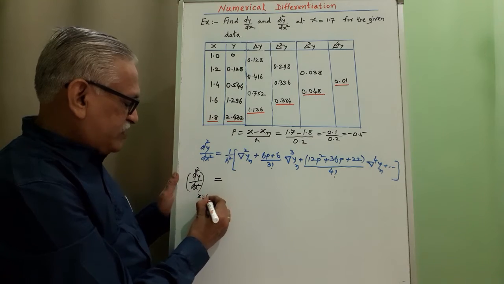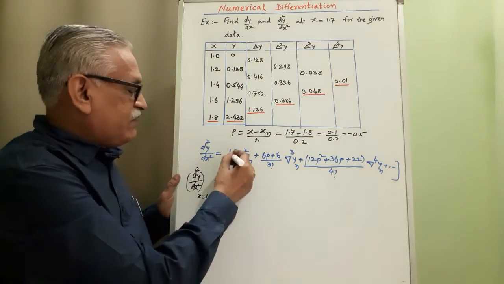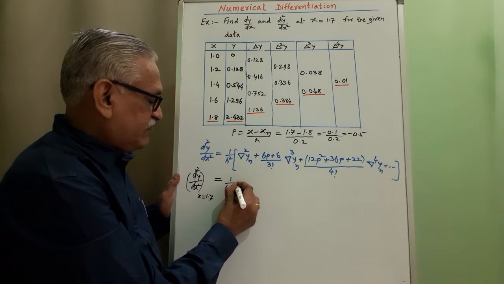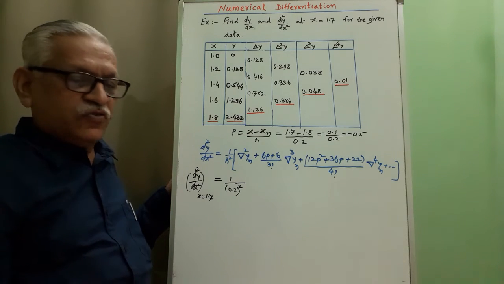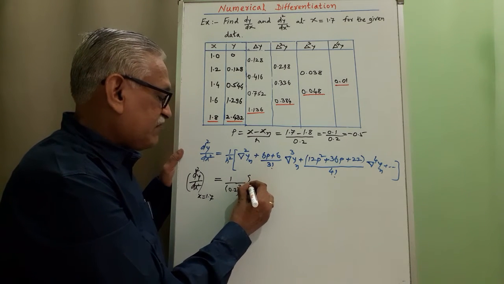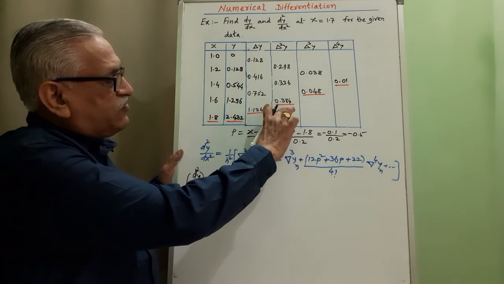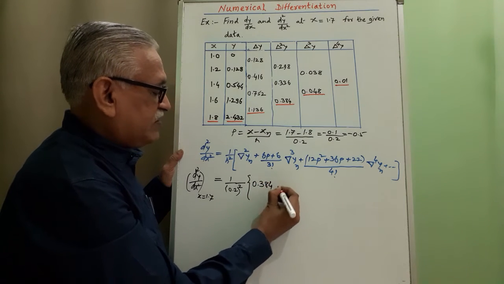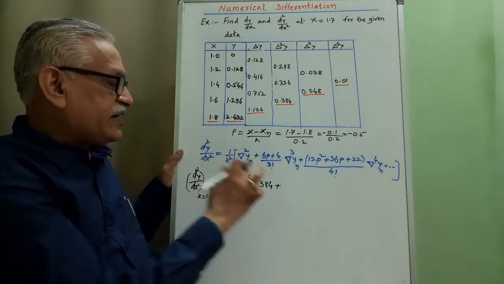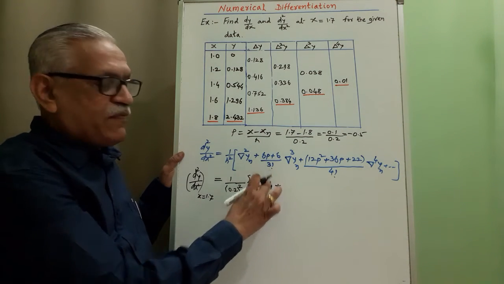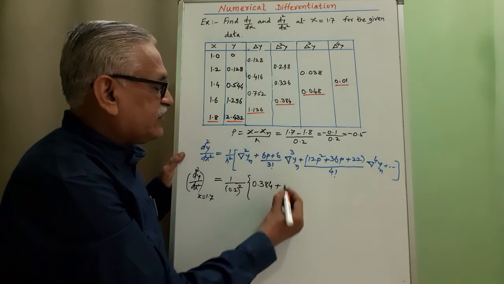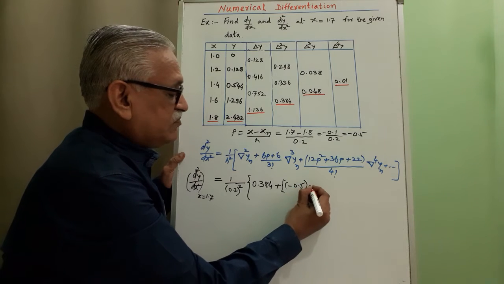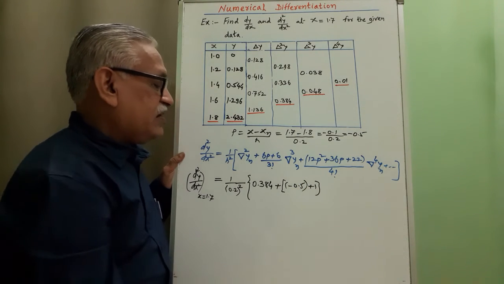we get d2y by dx square at x equal to 1.7 as 1 by h square, h is 0.2, whole square, 1 upon 0.2 whole square multiplied by del square yn. The value of del square yn is 0.384, plus 6, which we can take common and cancel with the 3 factorial, so the remaining terms are p plus 1. The value of p is minus 0.5 plus 1, into del cube.